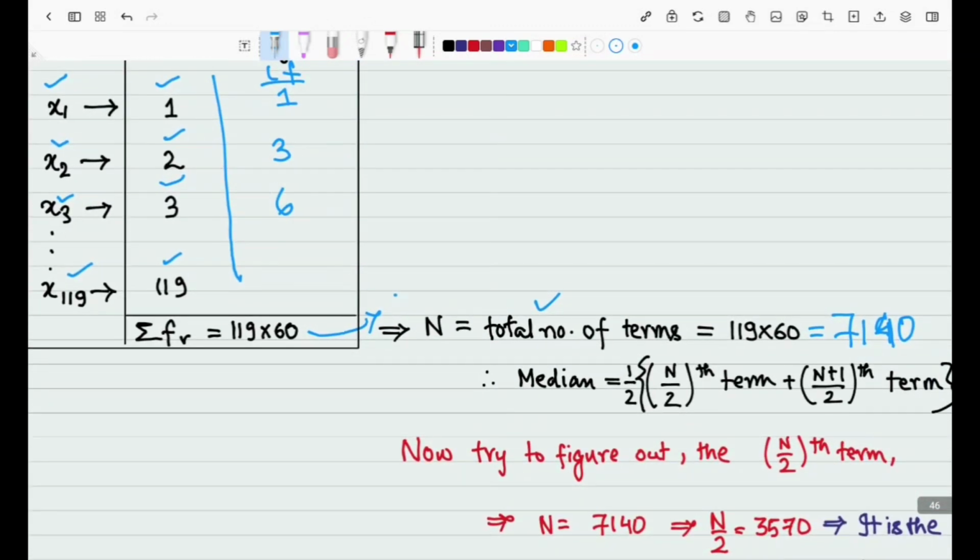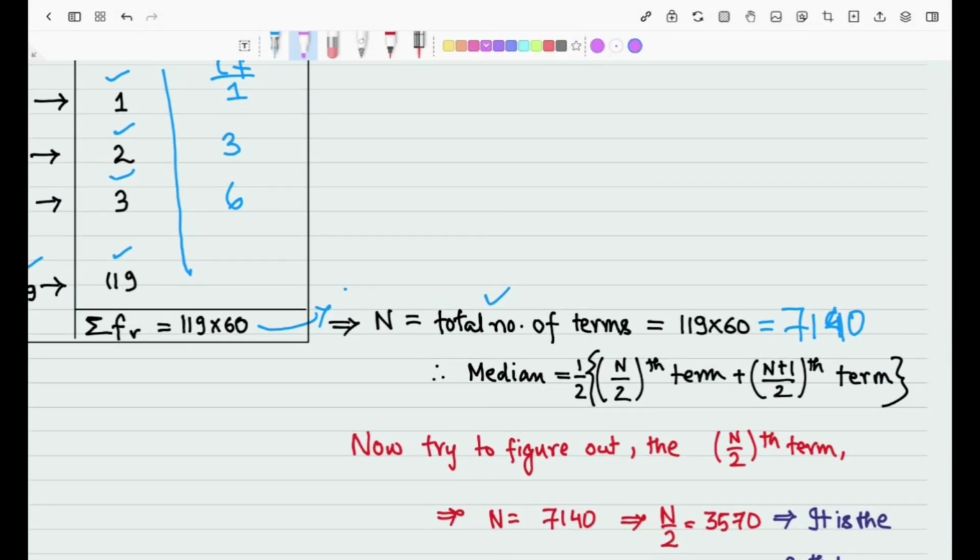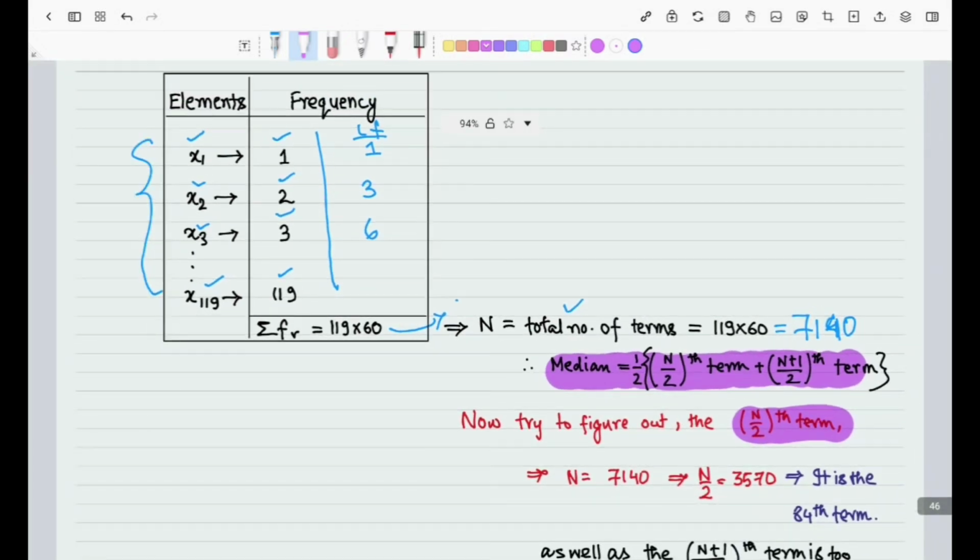So now we can use a formula for the median: the median is equal to the (n by 2)th term plus the ((n plus 1) by 2)th term, the whole halved. Now we try to figure out the (n by 2)th term. The value of n by 2 becomes 3570. Now I have written that it is the 84th term.